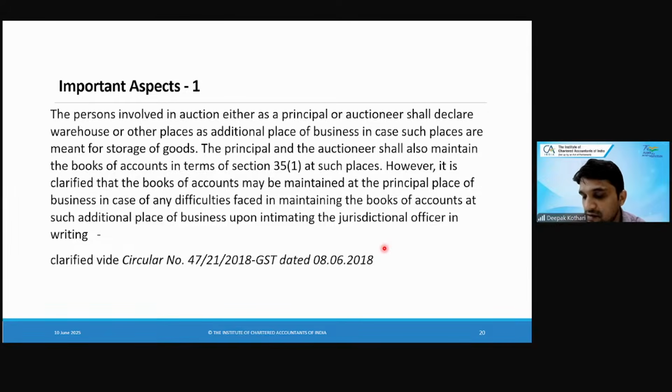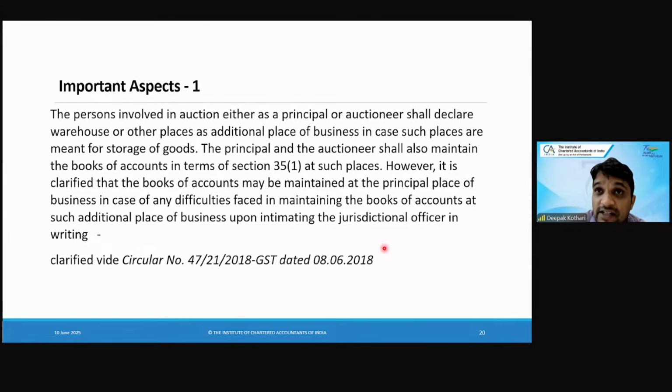So you will have some specified place mentioned in the auction letters where any person who wants to verify can verify. Since he is storing the goods there and the transaction of supply is happening, the law says that you have to declare that place as an additional place of business. Okay, clear? Because that place is where the goods are kept and sale will happen. So that's an additional place of business.